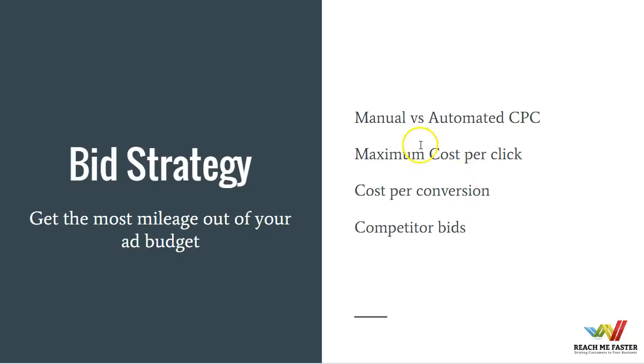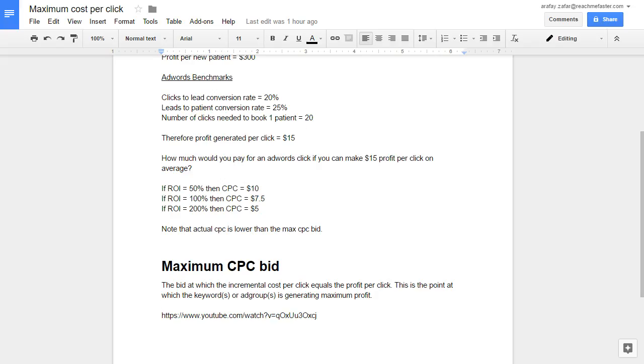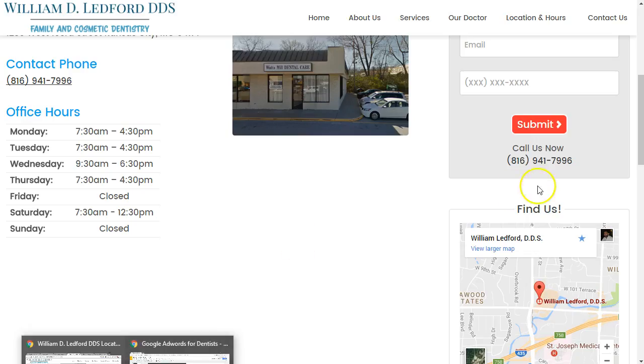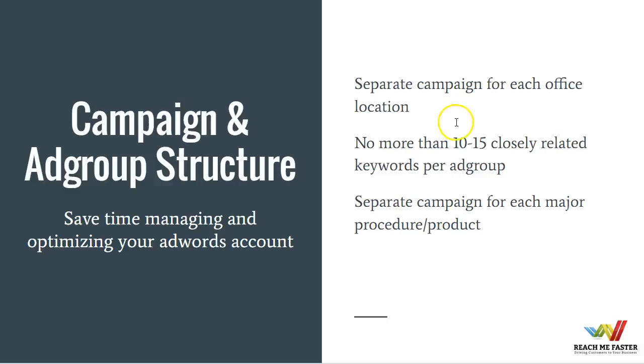So now that we have completed the bids, we can go on to the next section, which is about the ad group structure and the campaign structure. In this case we only have one office location, so there is no problem with regards to the location targeting.